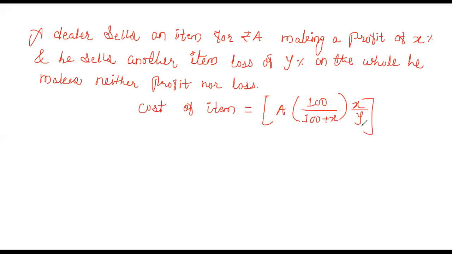If a dealer sells an item for rupees A, making a profit of X%, and sells another item at a loss of Y%, and on the whole he makes neither profit nor loss, then the cost of the second item is rupees A into 100 divided by (100 plus X) into X by Y.